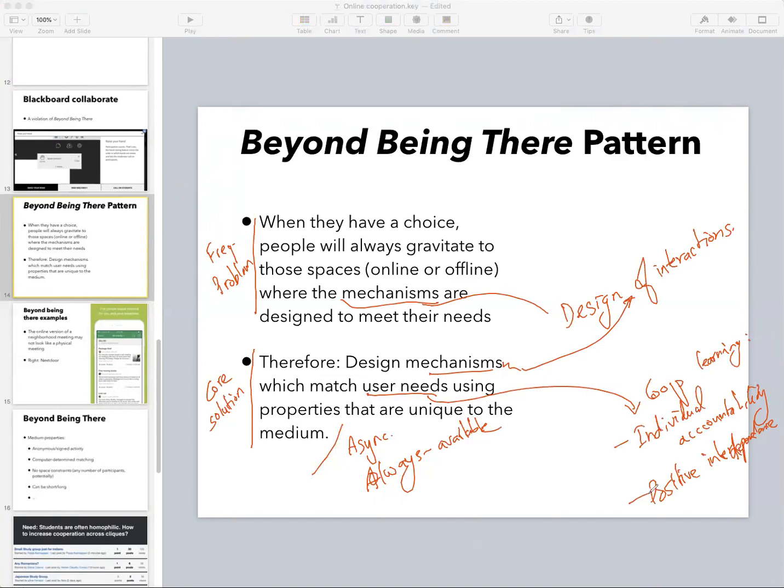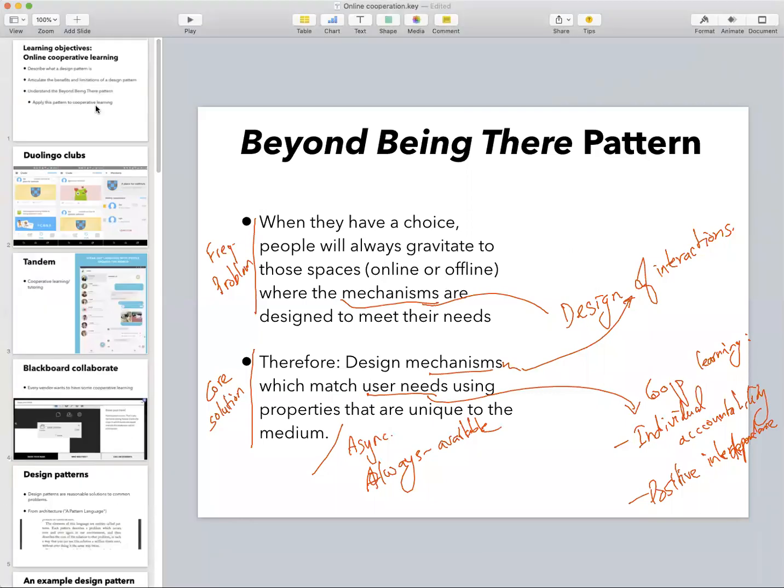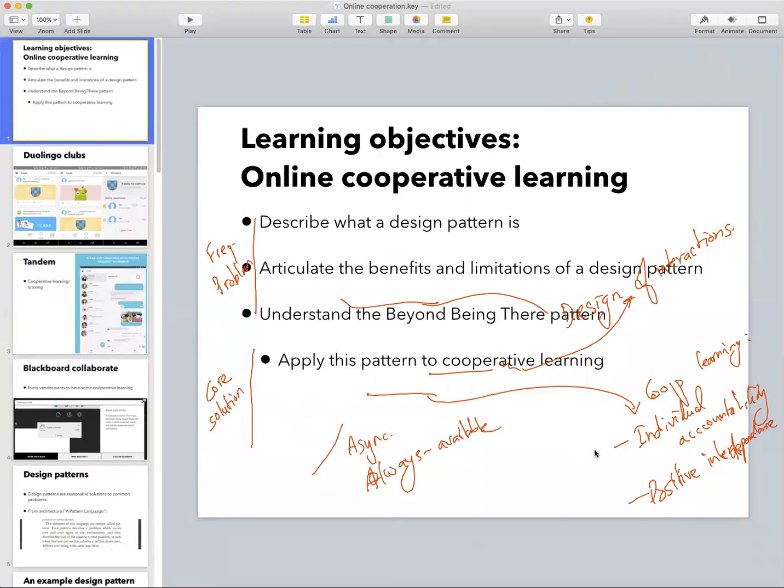So there's a beyond being there pattern as you would want for cooperative learning. So at this point, we've looked at all of the learning objectives for this module.